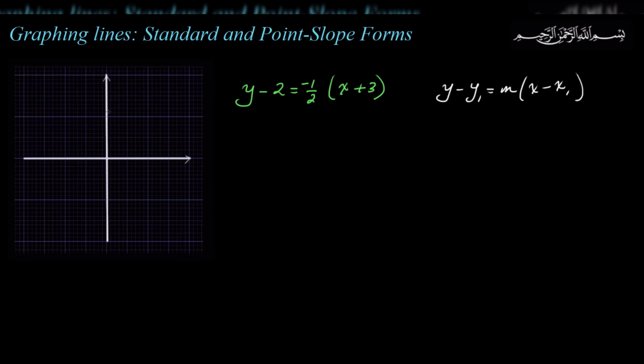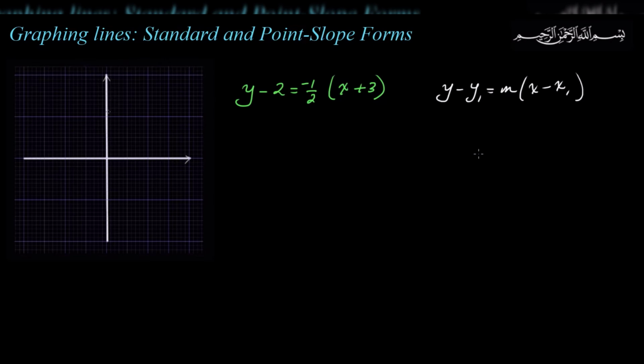Now, you might say, oh, that's kind of complicated, I'm not sure if I like this form. On the contrary, this is actually a very, very useful form in algebra, and hopefully when you take advanced algebra classes, you'll find this to be of extreme value to you. But nevertheless, here is a line that's given to you in the point slope form.